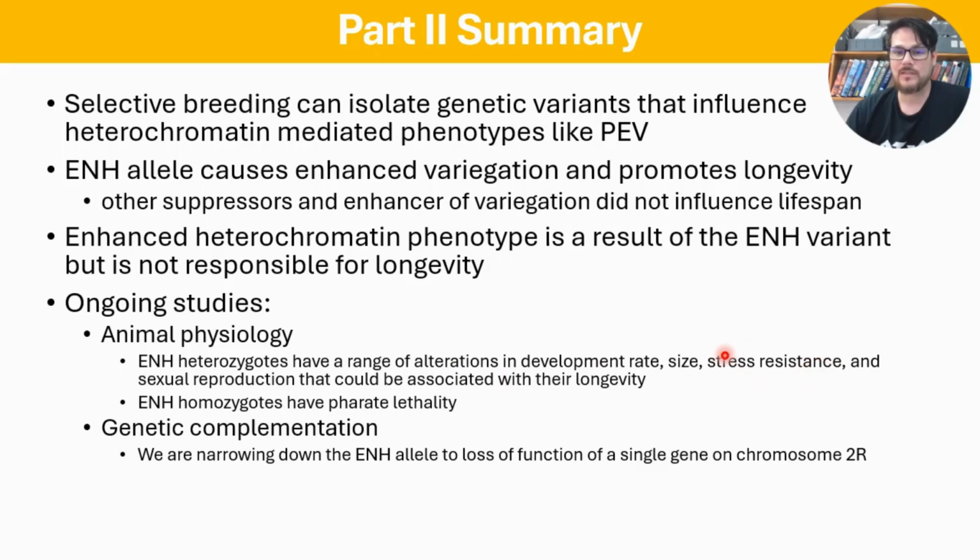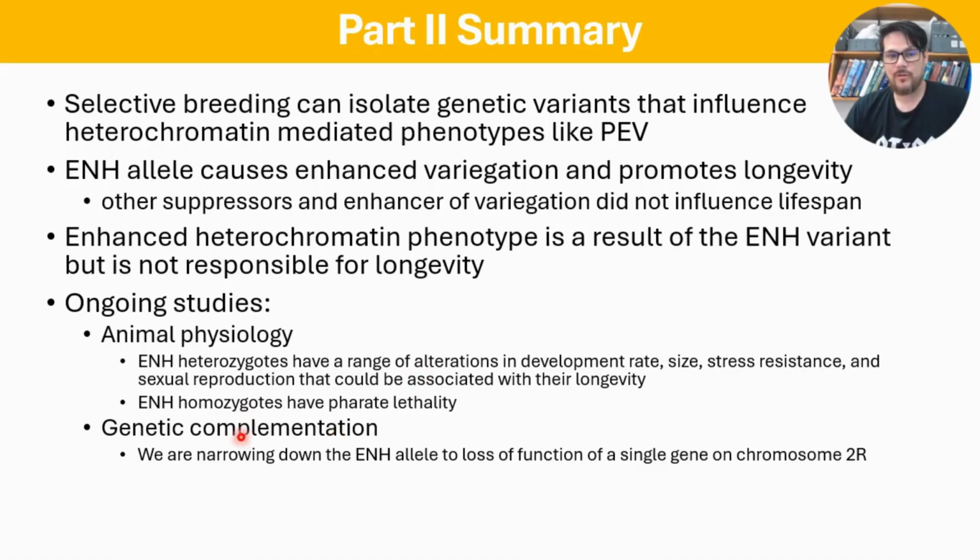And for example, we can say that we have done some studies where we see that the ENH flies have increased resistance to nutrient stress, and suggest that those physiological changes could also be associated with their longevity.